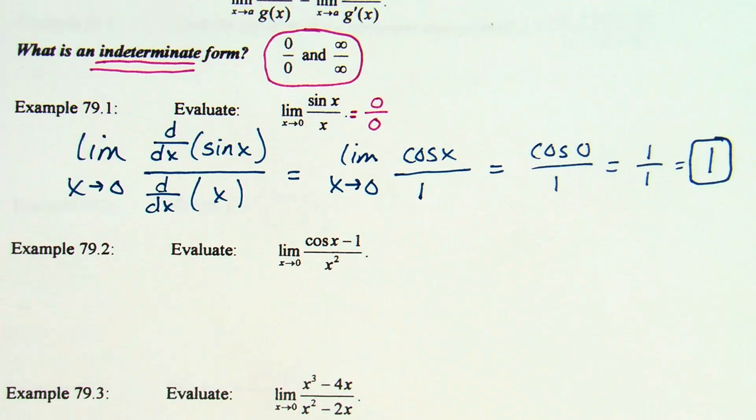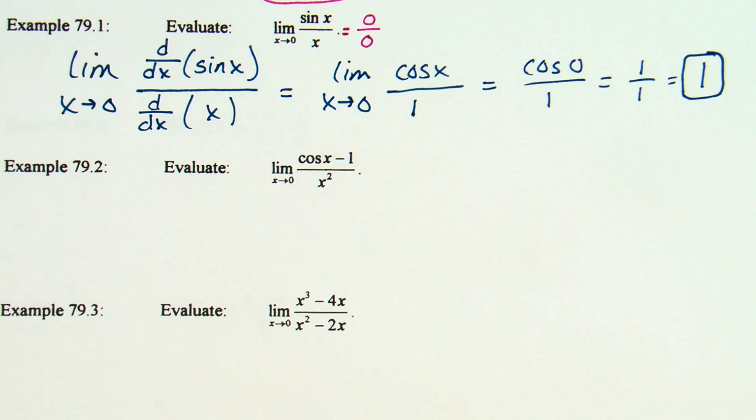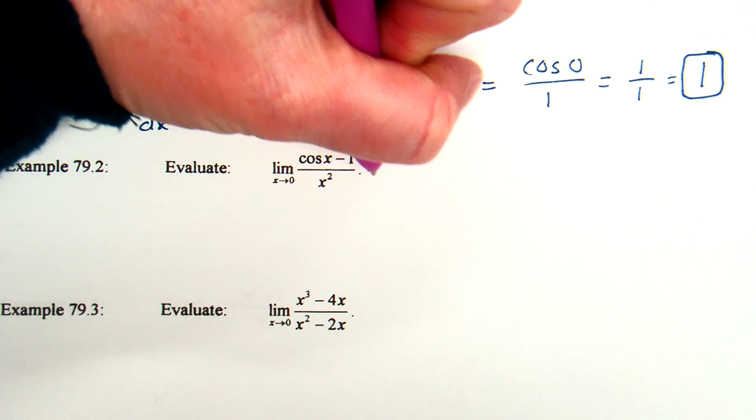Okay, let's try example 2 then. The limit as x approaches 0 of cosine x minus 1 over x squared. What are you doing first? Yeah, you've got to plug in 0 first and see where we're at.